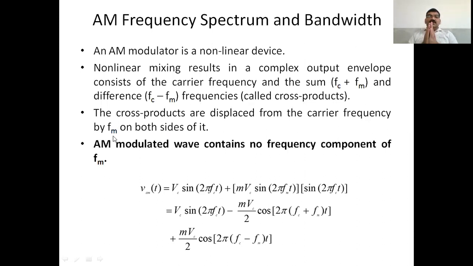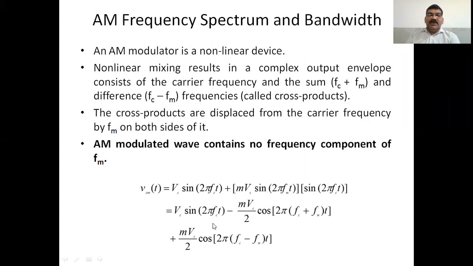I'll explain the center frequency in the diagram, so accordingly you can understand. In the next slide, the AM modulated wave consists of frequencies comprised of FM. The entire equation we discussed in the last lecture is Vc sin 2 pi fc t plus m, the modulation index, Vc sin 2 pi fm t into sin 2 pi fc t.